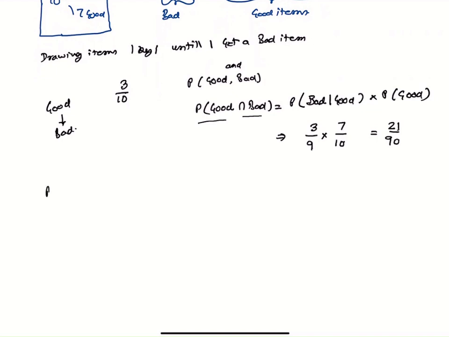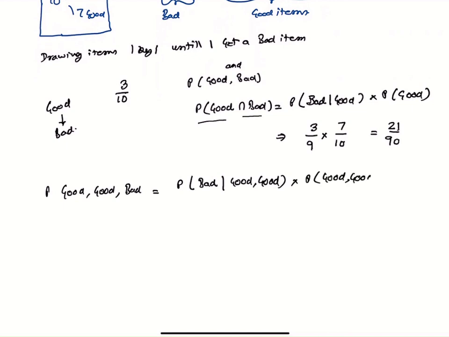What about the probability of getting a good, then good, and then bad? That is the probability of bad after picking a good item and a good item, times the probability of picking a good and a good.